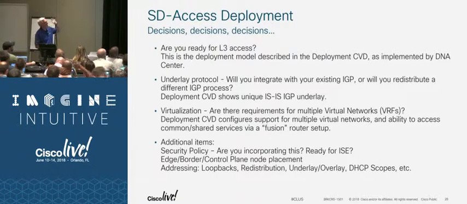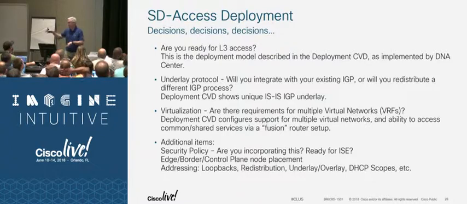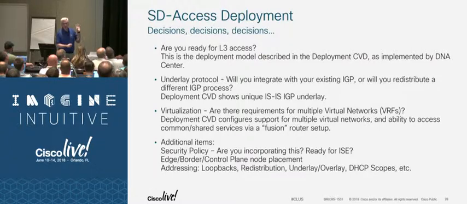So for SD access deployment, we're going to decide, are you ready for layer 3 access? It can be an impactful change. If you're not already doing layer 3 access, you've got to get that underlay deployed that way. Underlay protocol: are we going to use the IGP that we show you, the IS-IS we show you in the guide, or are you going to use your own, whatever flavor you use right now?